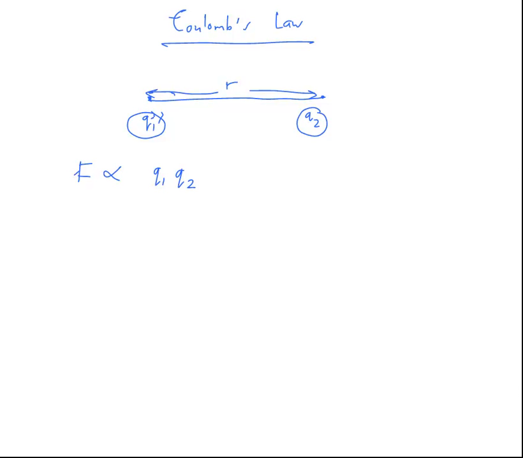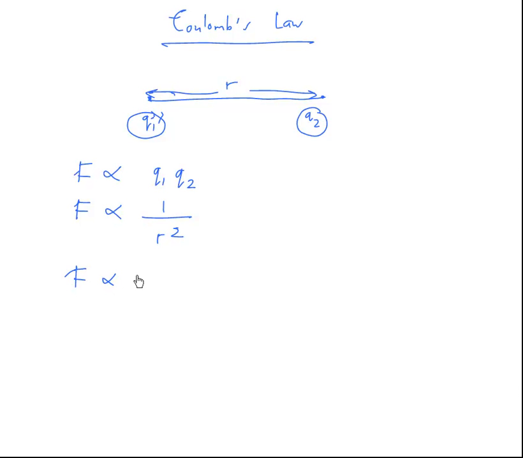And the second thing that Coulomb says is that the same force is inversely proportional to the square of the distance between them. What is interesting to note is that Newton said the same two things about the gravitational force, which is quite cool, seeing how you wouldn't think that gravity and the force between charges would be connected in any way, but it turns out that the same law works for both of them.